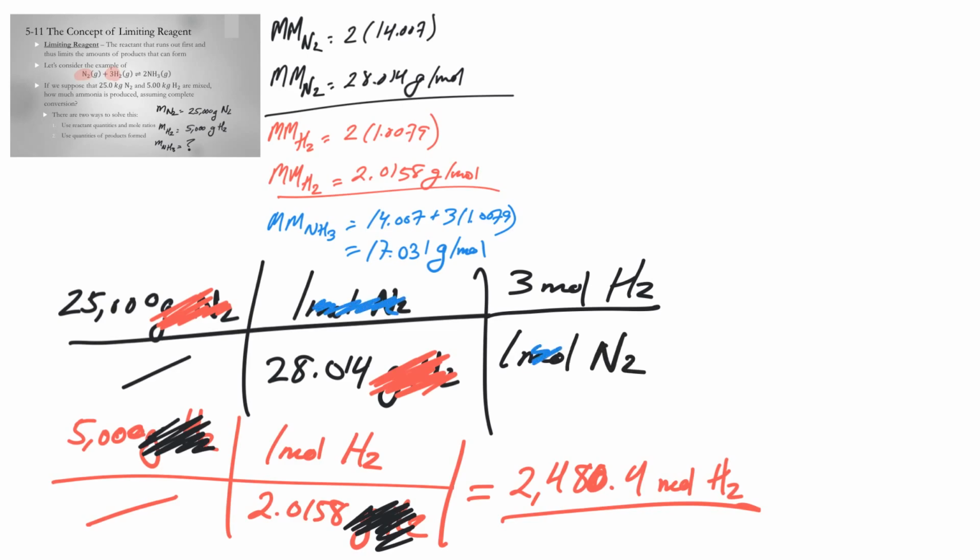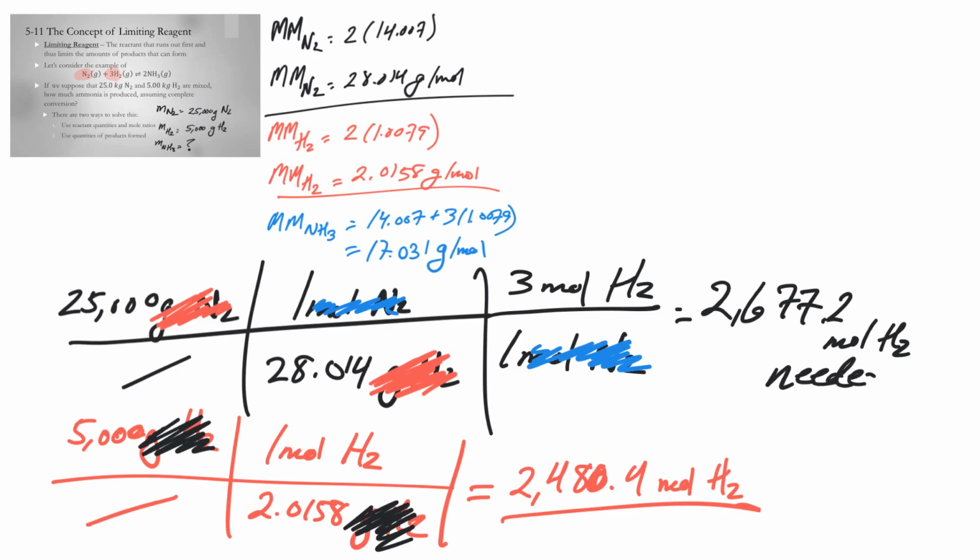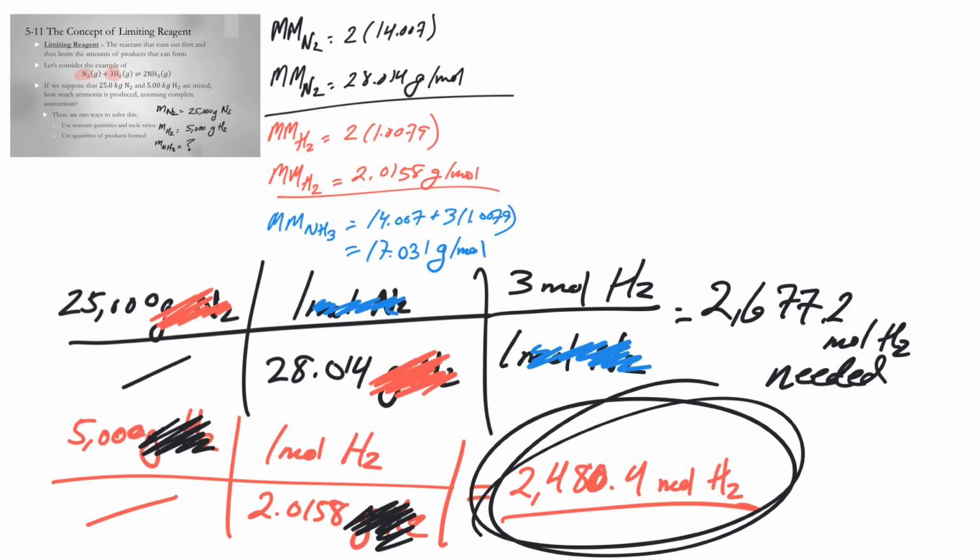Moles of nitrogen cancel out. And that gives us 2,677.2 moles of H2 needed. Do we have that much? This tells us no.